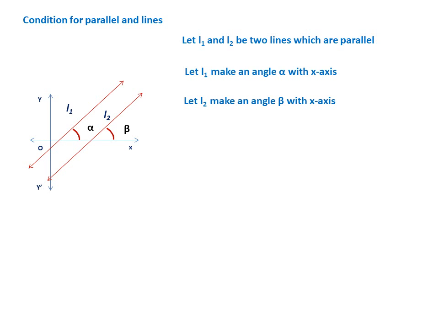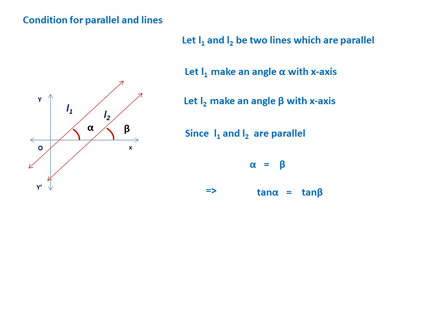Whenever I write with x-axis, it means positive direction of the x-axis. Now you know from geometry, since L1 and L2 are parallel, what should happen to the angles? They must be equal because they are corresponding angles. So alpha must be equal to beta.